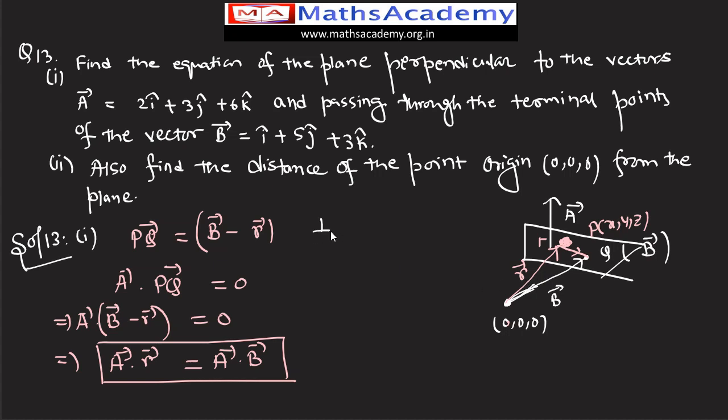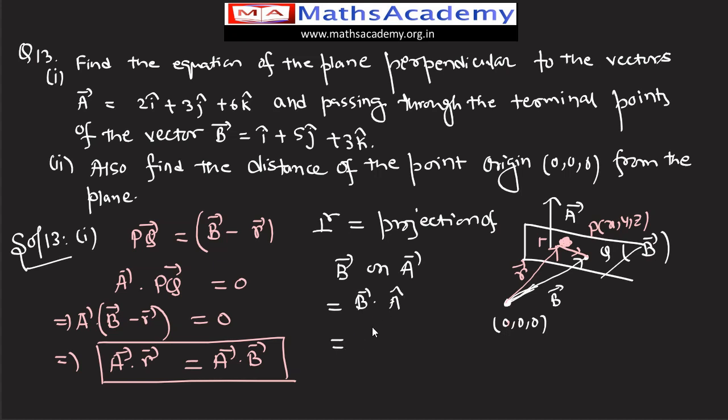So the perpendicular distance of the origin is equal to the projection of the b vector on the a vector, which is nothing but b vector dot a cap.